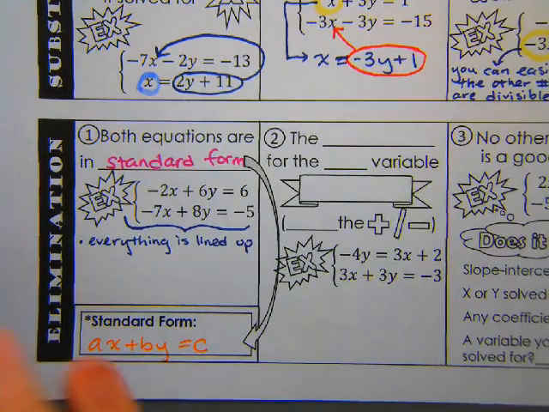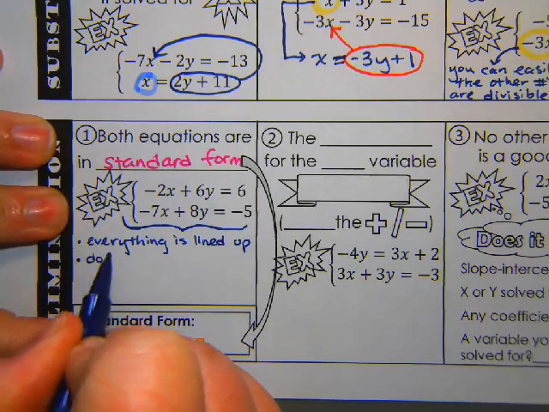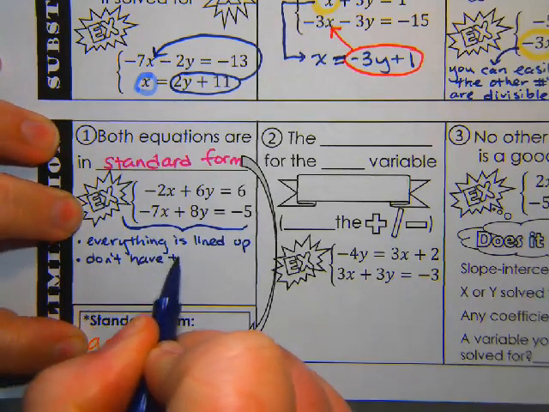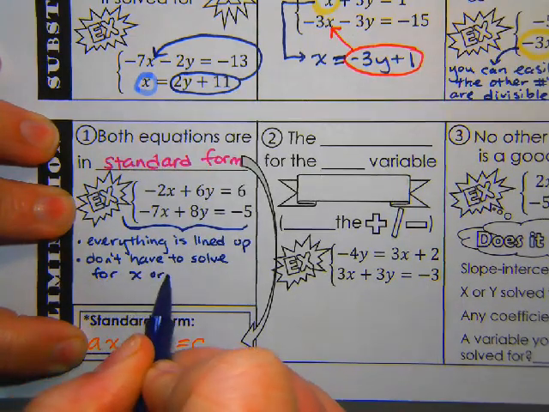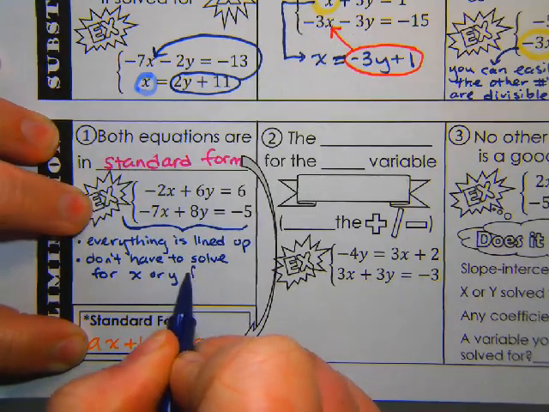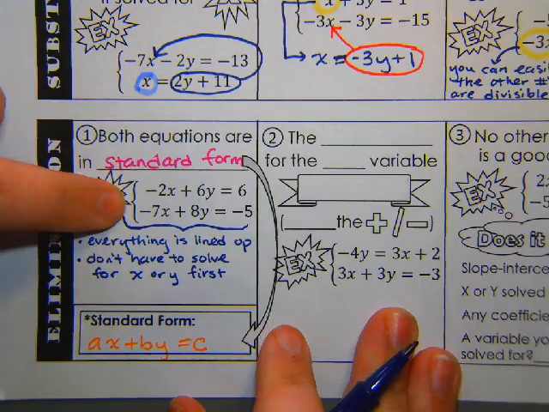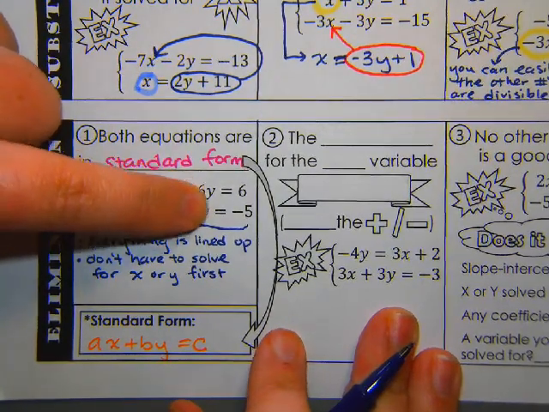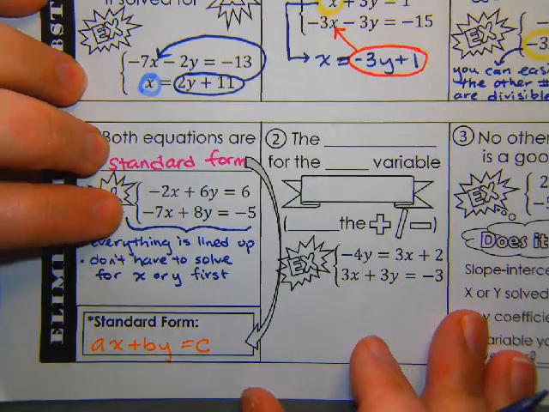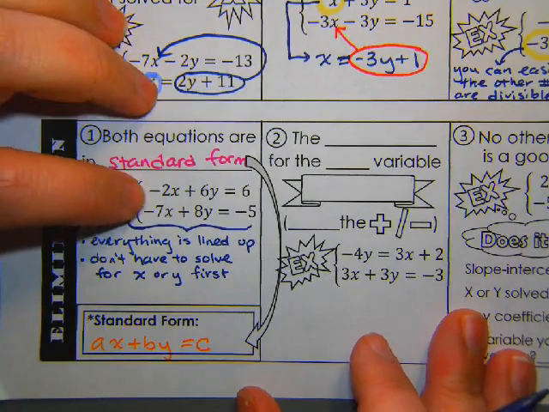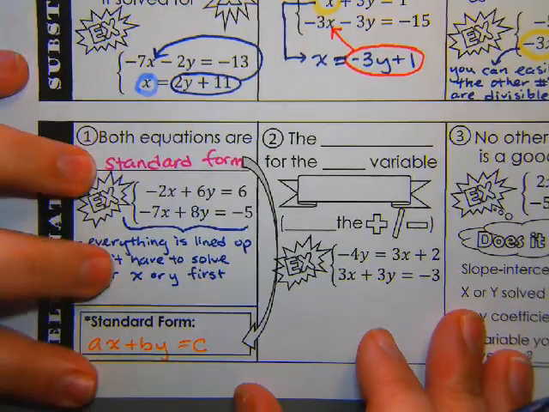Okay, and then in addition to that, we don't have to solve for x or y first. So if I wanted to graph this, I would have to solve both of these for y. It'd have to be y equals and y equals so that they're both in slope-intercept form. If I wanted to use a substitution, then I would have to take one of these and solve for x or y. Just one, but still not necessarily the easiest.